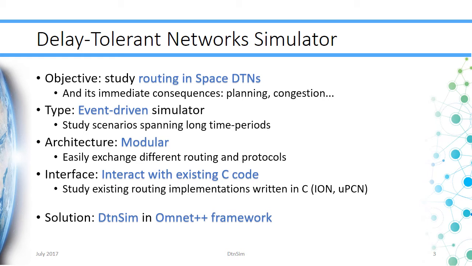And this is a very important feature because we want to study routing implementations that are already written in different DTN implementations, such as ION, implemented by JPL at NASA, and uPCN, which is software implemented by the Technical University of Dresden in Germany. These are two open source software codes that are open to download and to use, and we want DtnSim to interact with these existing codes and routing solutions.